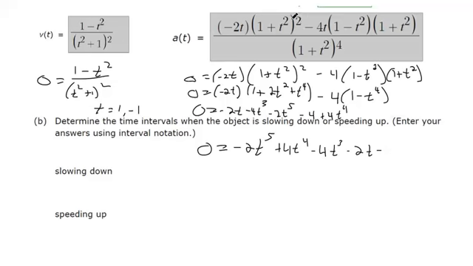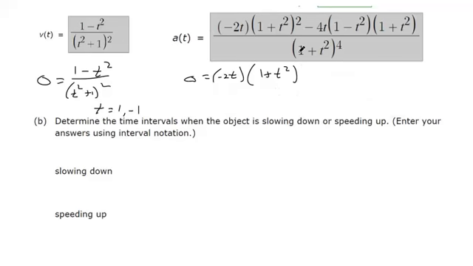Yeah, it's in the simplifying up here. Look, we've got a 1 plus t squared. There's two of them. There's 1 plus t squared and there's 1 plus t squared to the 4th. So you can break that down to be 1 plus t squared to the 3rd power. Yeah, that makes it way easier.